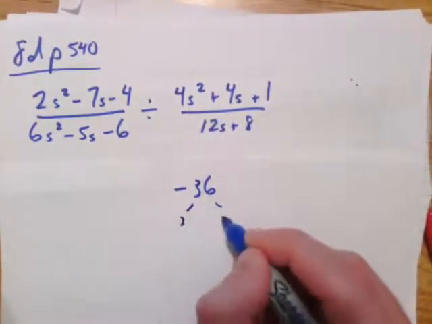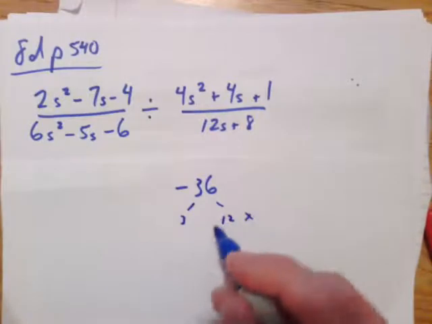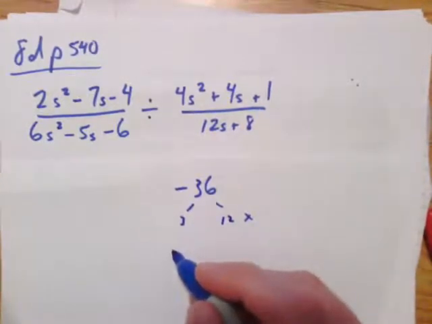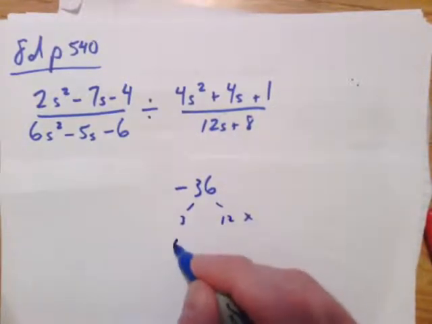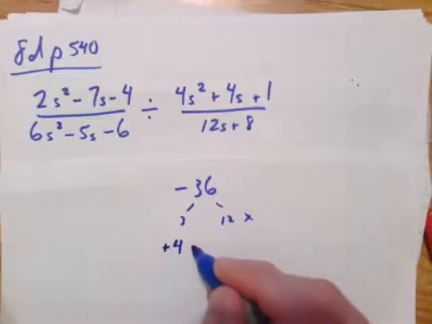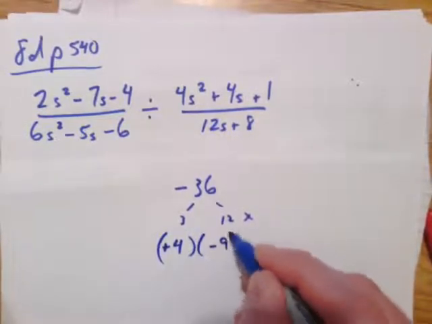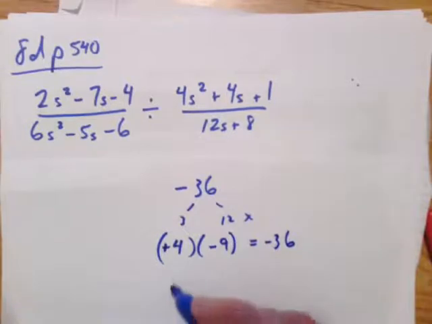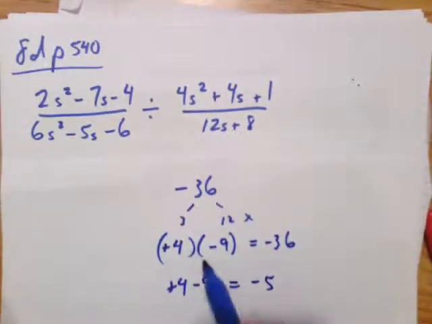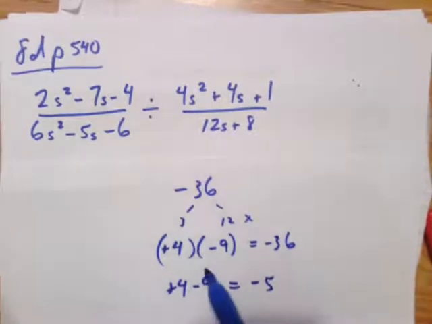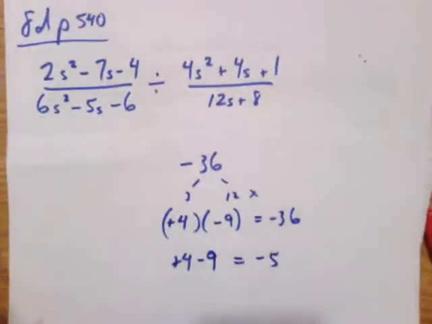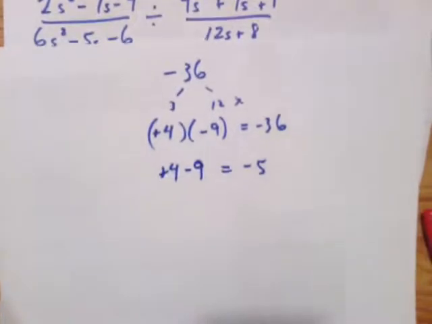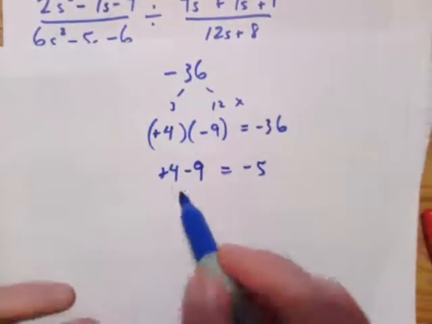So 3 and 12, no, that doesn't work. 4 and 9, oh, there you go. So positive 4 times negative 9 equals negative 36. 4 minus 9 equals negative 5. That's what we got. So we have 4 and negative 9.